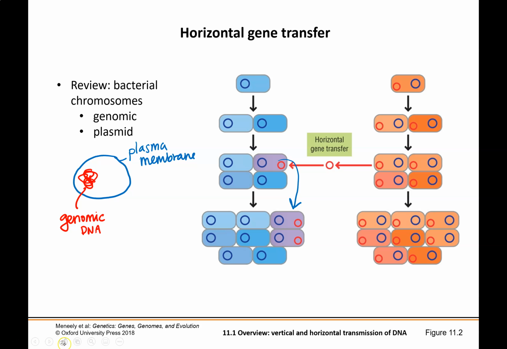They do not have organelles, but they do have ribosomes. So these ribosomes are the site of protein production. So they use the genomic DNA to produce proteins. Now this situation is different from eukaryotic cells where we have multiple linear chromosomes.